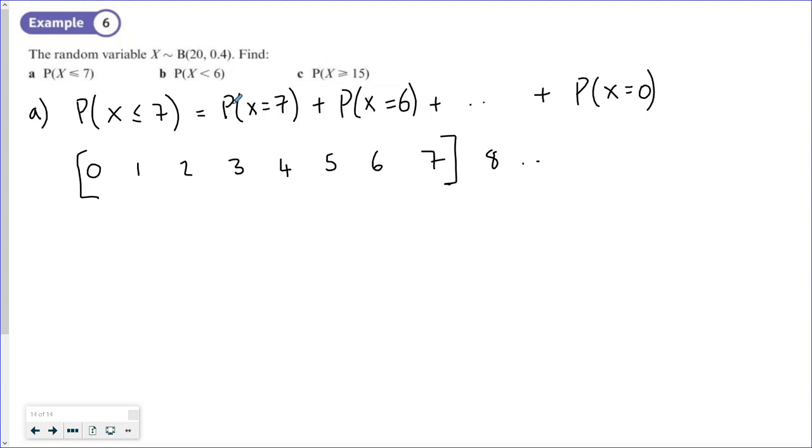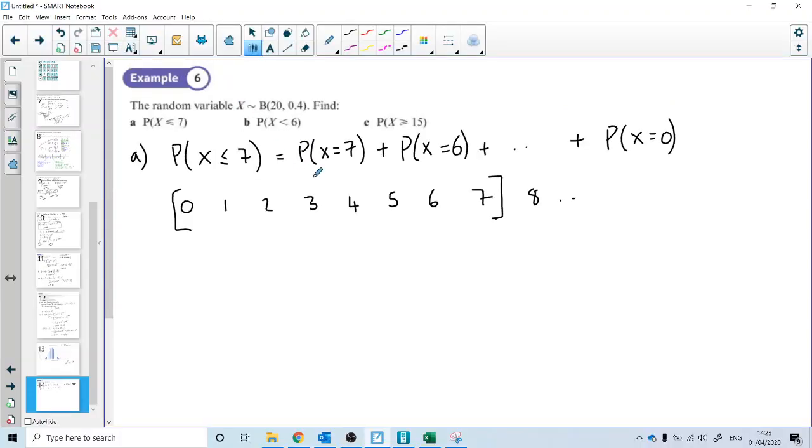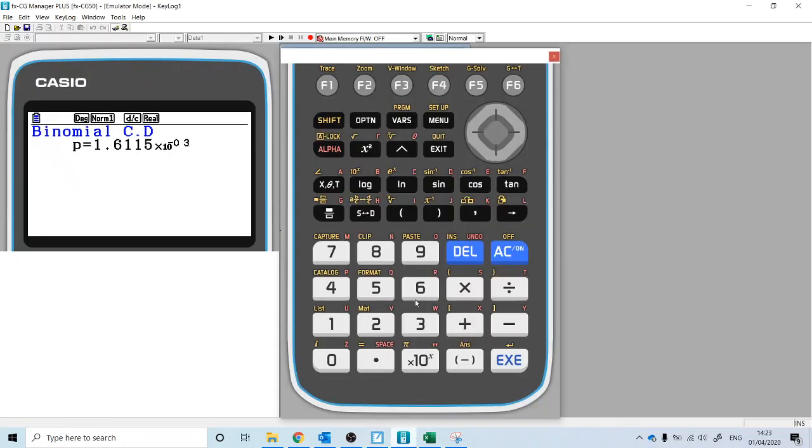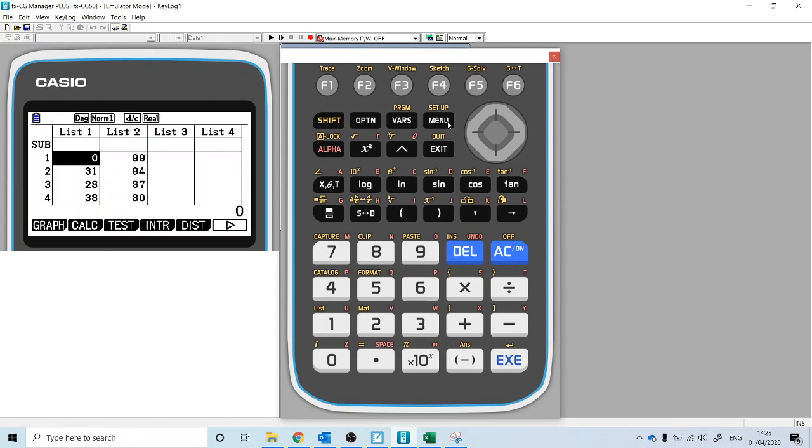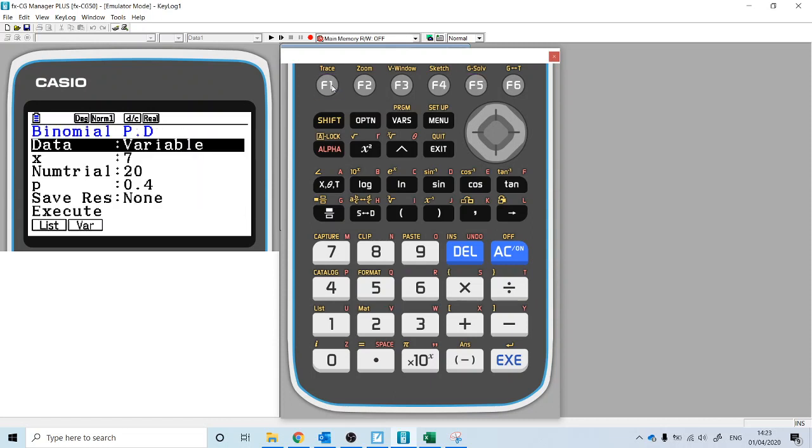Well, we could work out each of these probabilities using our formula that we learnt last video. But actually our calculator has an inbuilt binomial function. So you need to go on Menu and then Statistics and then Dist for distribution and then Binomial. PD, the first option, F1, tells you the specific probability of a value of x.